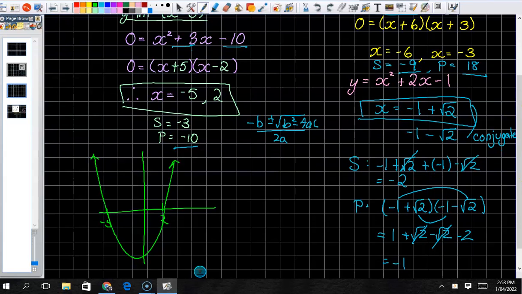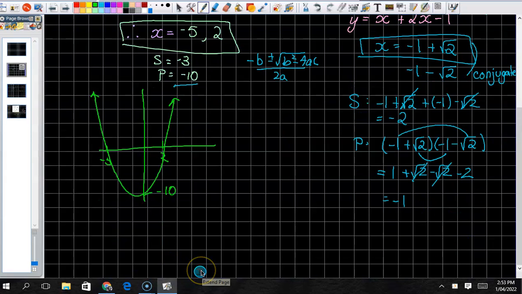So we pop that here and we go, that's minus 10. Is that the only graph that has x-intercepts of minus 5 and 2? That's going to have x-intercepts of minus 5 and 2, isn't it?